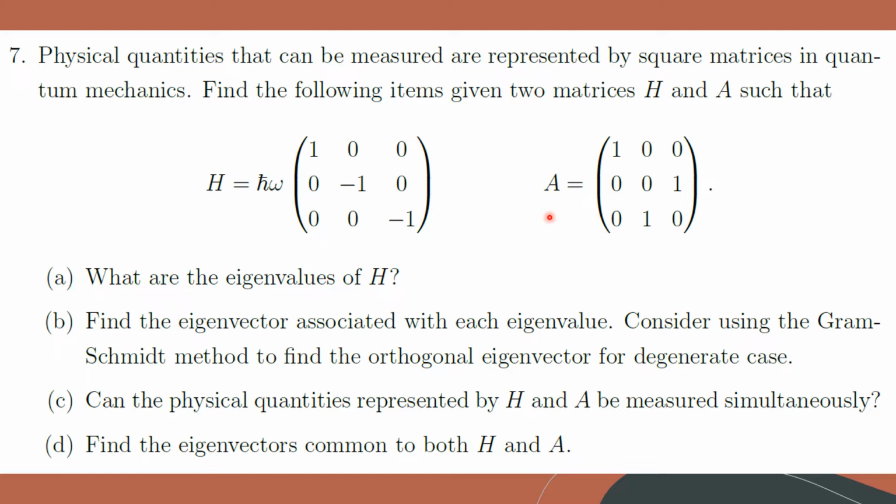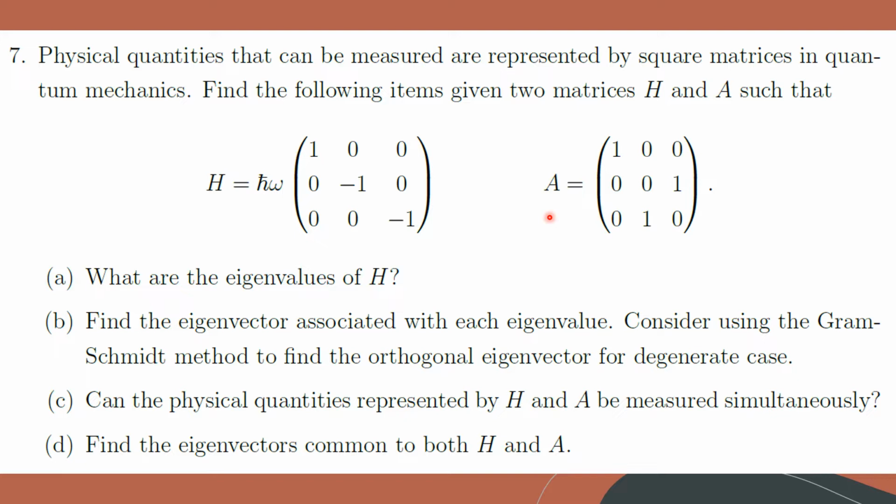To get the eigenvalues of H, this is very straightforward. If you remember, when you are given a square matrix and they ask you for the eigenvalues, the first thing you need to do is to diagonalize the matrix. When you diagonalize the matrix, all the other elements are 0 except for the diagonal terms, and the diagonal terms give you your eigenvalues.